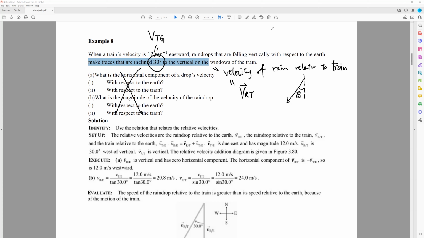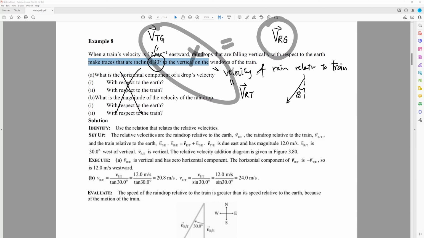And let's say we want to find the velocity of the rain relative to the ground. So what is the relationship between these three quantities? How can we relate these three quantities together? V_RT plus V_TG, you add these two together, then it equals V_RG.